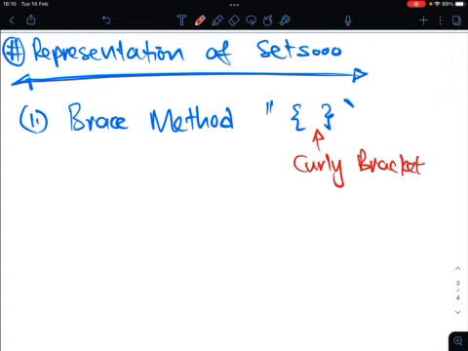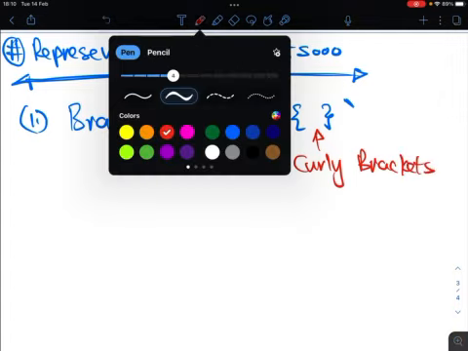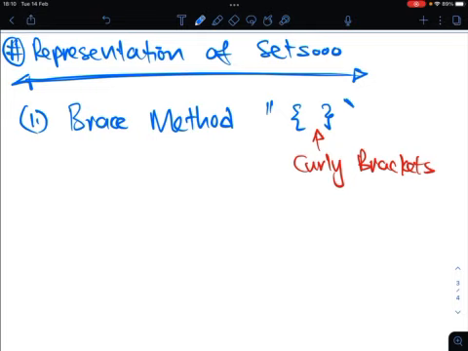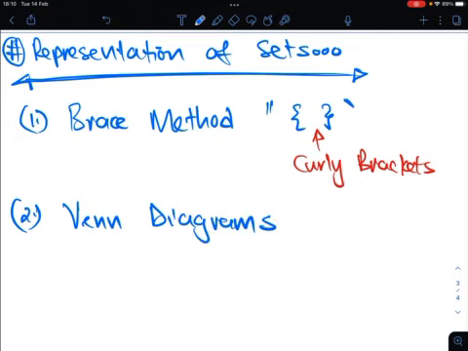Then another way of representing sets is by the use of what we call Venn diagrams. So these are some of the common ways in which we can represent these objects that we call sets in mathematics: the brace method or the Venn diagram.